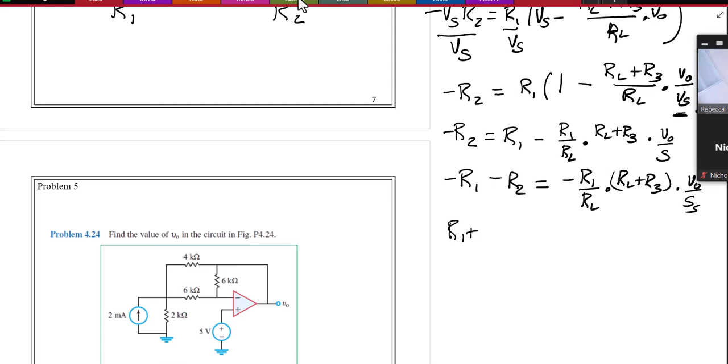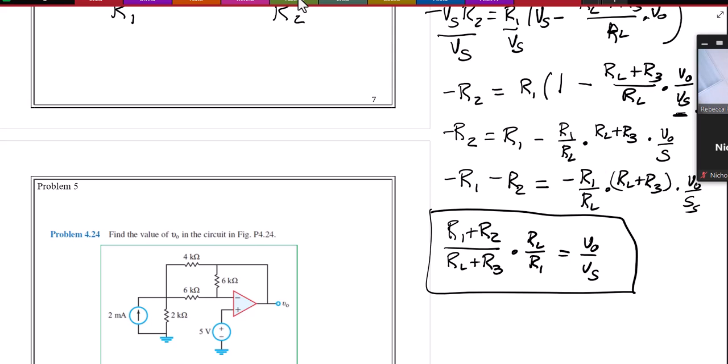And I get R1 plus R2 over RL plus R3 times RL over R1 equals V out over Vs. Any chance that's what I have here? Holy cow, I think it is. It is.